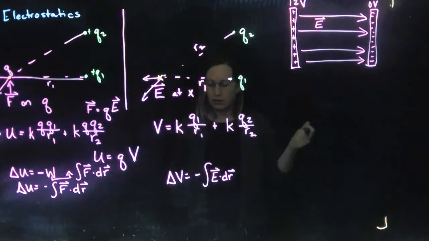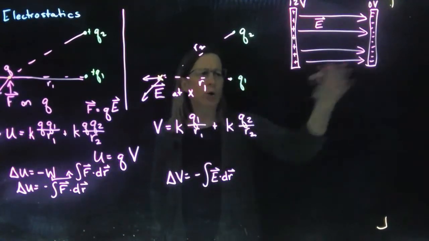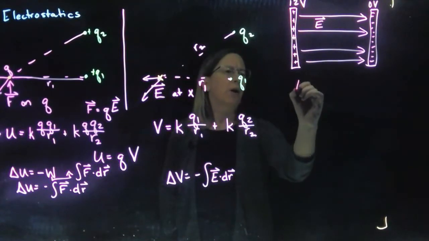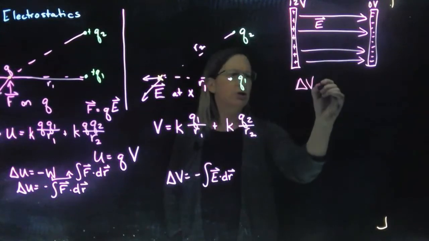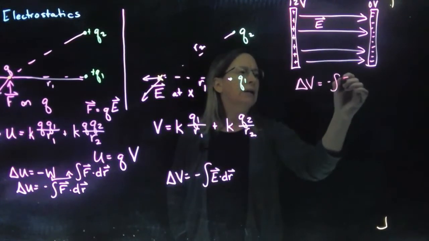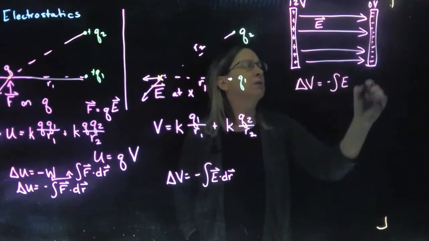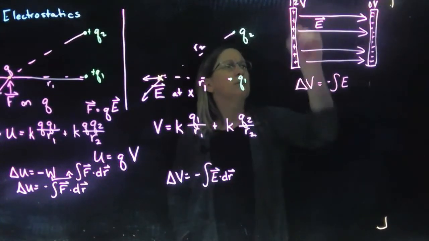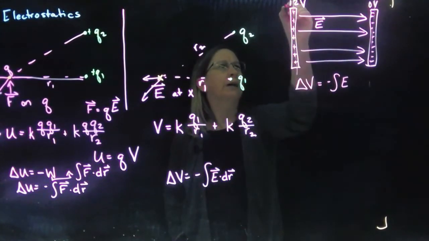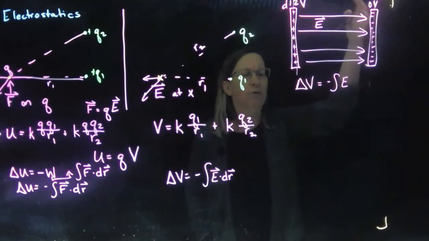It's a constant value all the way through here, and we can find, in fact, that this change in voltage is equal to minus the electric field times whatever displacement. So if we call this our 0, and this is some distance d away, we have 0 volts at 0.